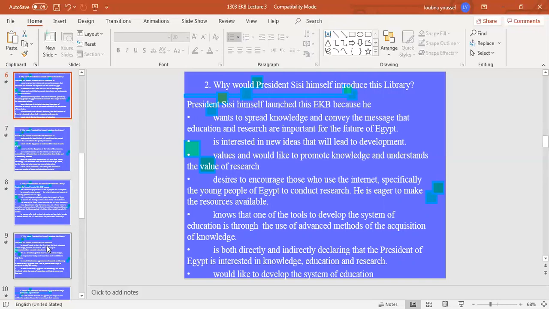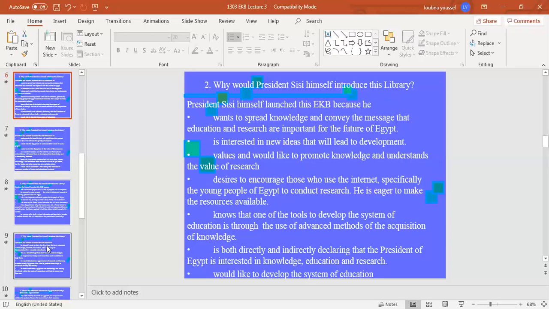And you can be inspired by some of these answers in order to write your own answer, of course, after you log in and join the Egyptian Knowledge Bank and make use of some of the material in this bank.